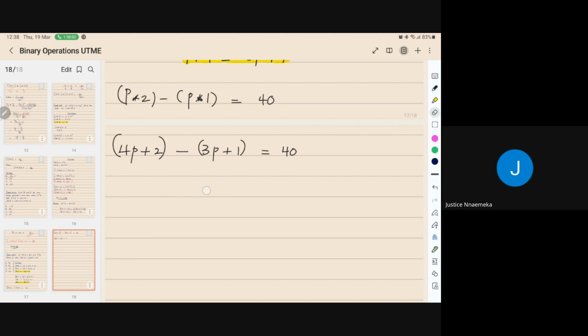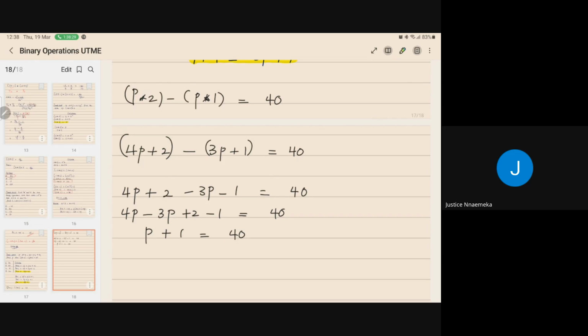Or before then, why not do it this way? 4p plus 2 minus 3p minus 1 equal 40. So I have that 4p minus 3p plus 2 minus 1 is equal to 40. 4p minus 3p will give us p, plus 2 minus 1, that will give us 1, is equal to 40.